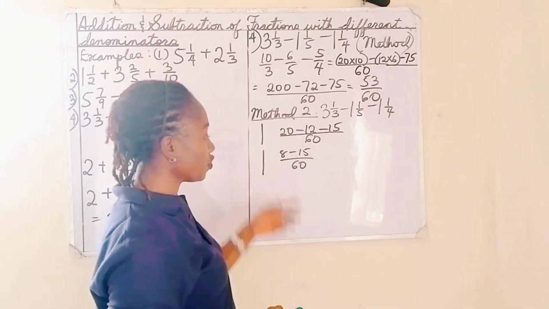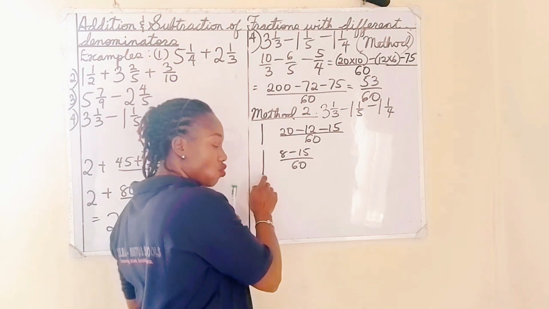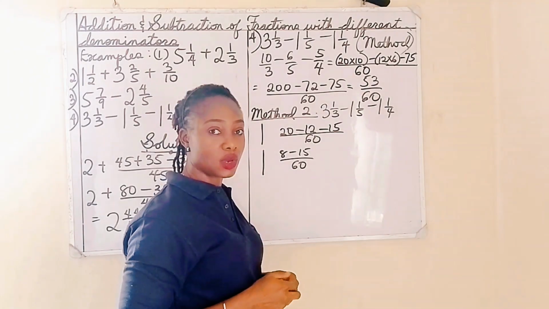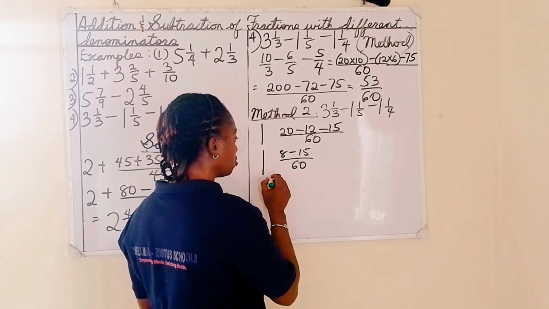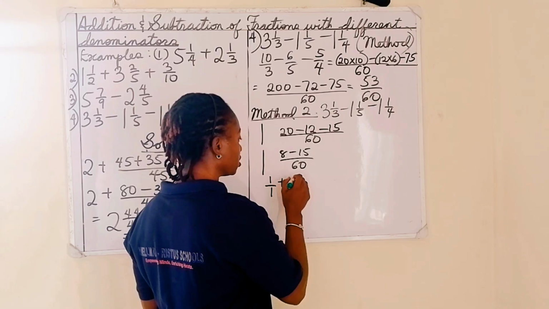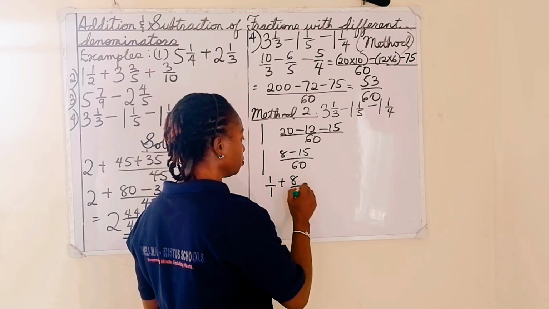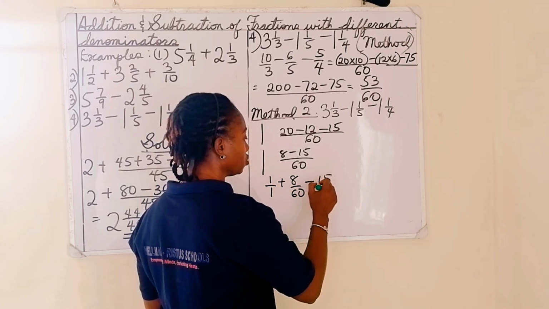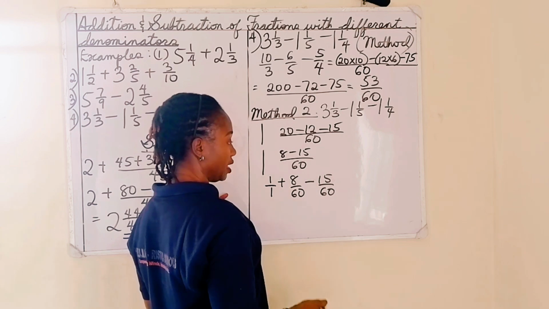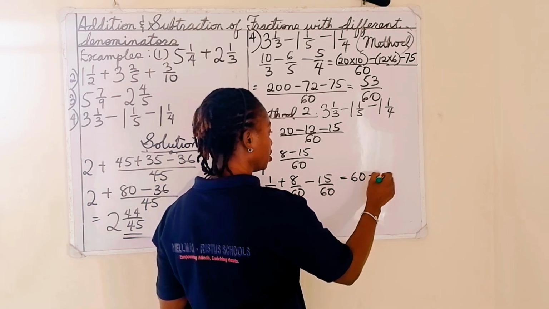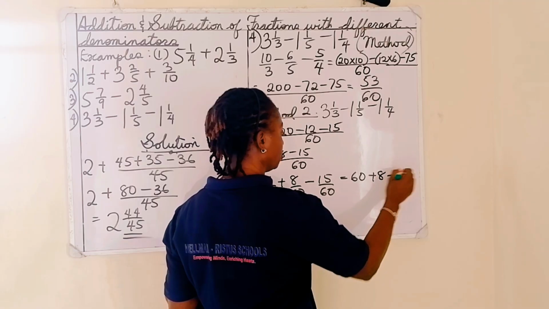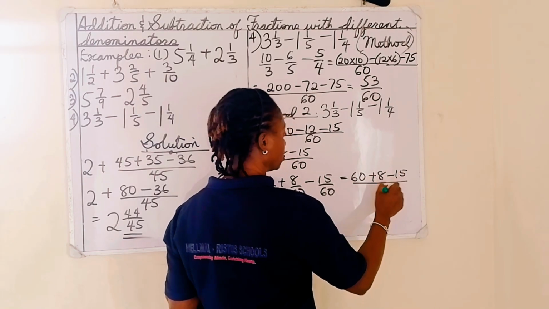Right, so what are we going to do from here? We are going to add this 1 here to this equation so that we can have a positive answer. Now this becomes 1 over 1 plus 8 over 60 minus 15 over 60. Right? So from here we have 60 plus 8 minus 15 over 60.